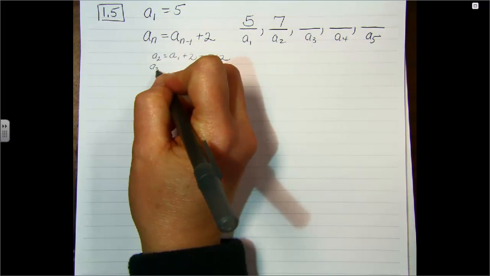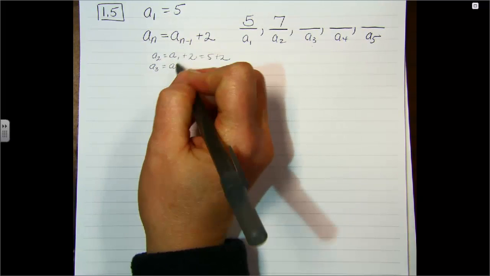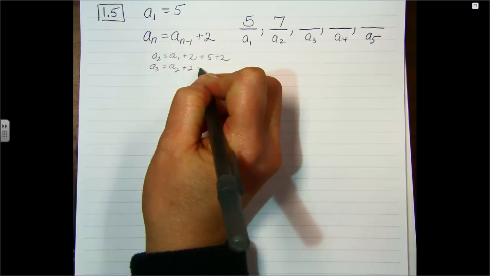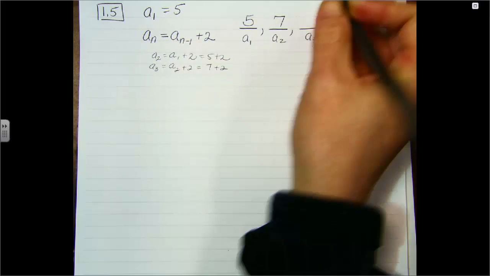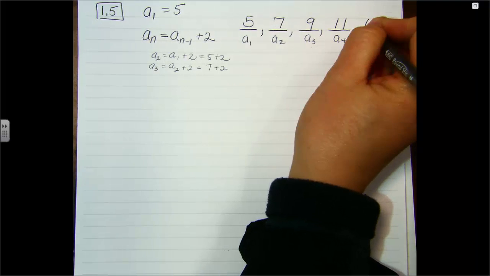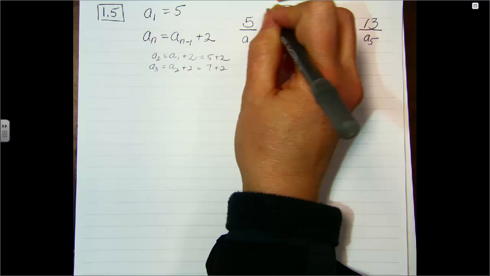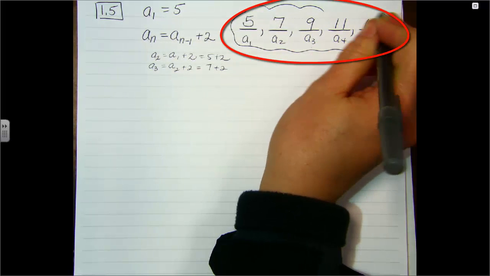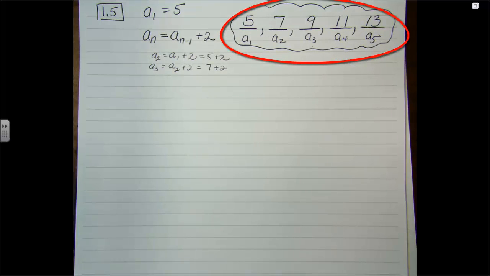A sub 3, the third term, is going to be equal to the term before it, a sub 2, plus 2. 7 plus 2 is 9. When you start to see the pattern, you can be done filling it in when it's straightforward like that. Are there other ways to define it? Sure. This is just recursion practice.